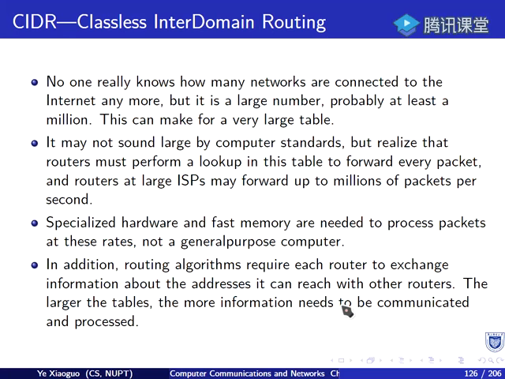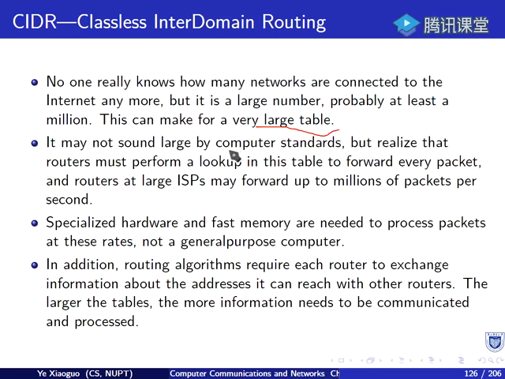No one really knows how many networks are connected to the internet anymore, but it is a large number, probably at least 1 million. This can make for a very large table. That is a routing table explosion, a very large table.